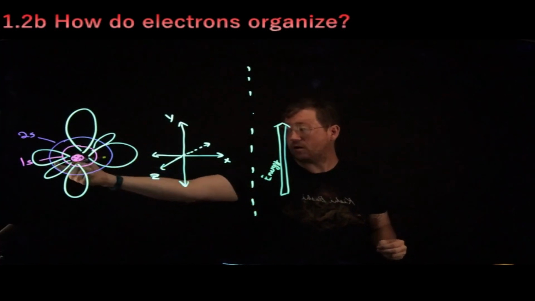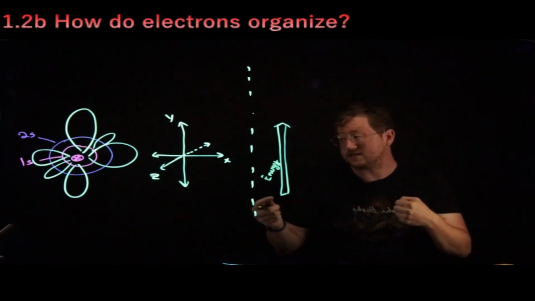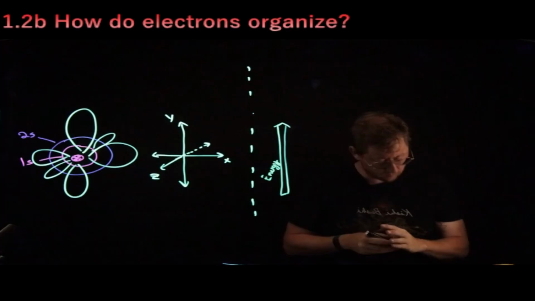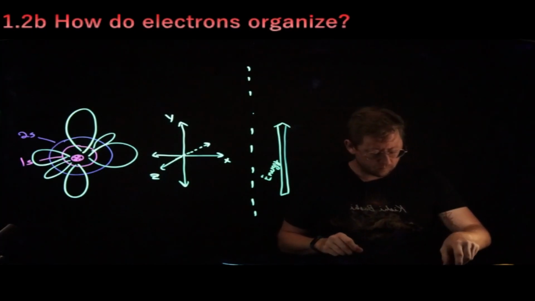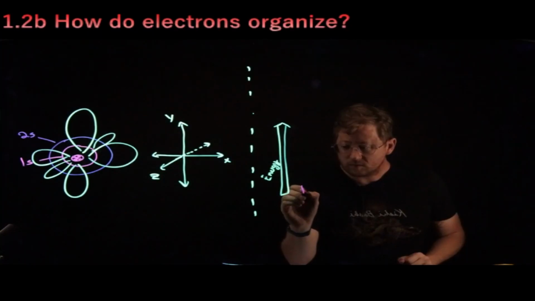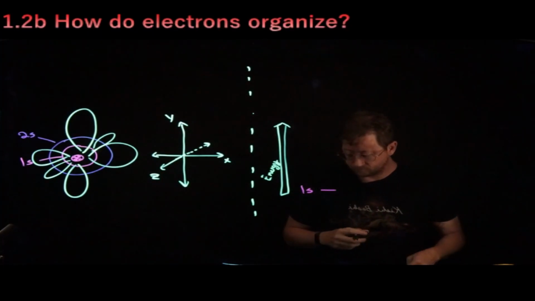And so like I said, that 1s orbital is closest to that nucleus. It is the most stable because it is negative charges very close to a positive charge. And so our first orbital, our lowest energy orbital, is going to be our 1s orbital.